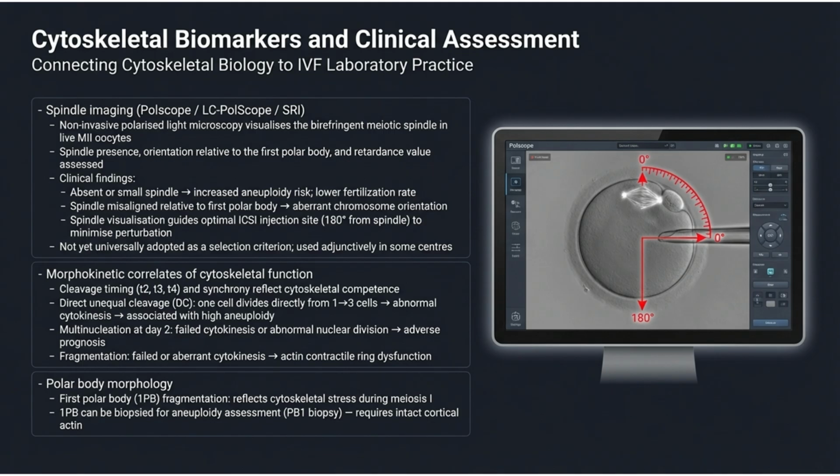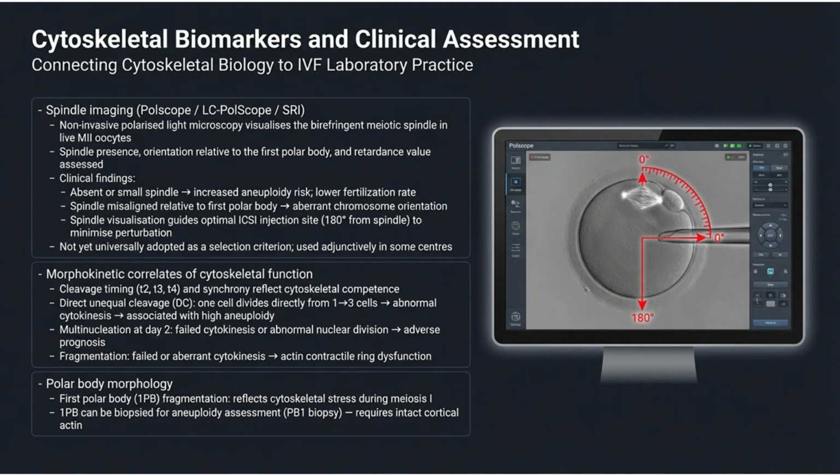Direct unequal cleavage is a catastrophic, total failure of cytokinesis. It usually means the cell failed to form a bipolar spindle and instead formed a tripolar microtubule spindle. Or the ECT2-RhoA mechanism misfired and the actin contractile ring failed to localize into a single, clean equatorial band, instead trying to pinch the cell in multiple directions at once. DUC is a massive red flag that is heavily associated with complex aneuploidy.